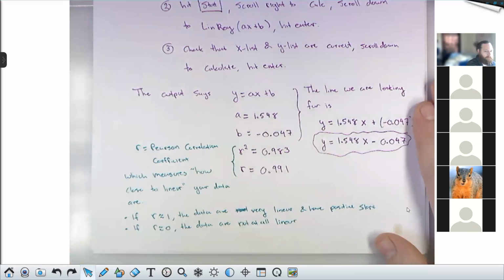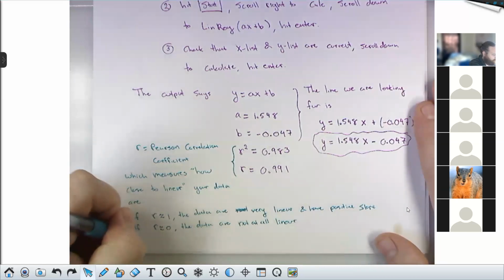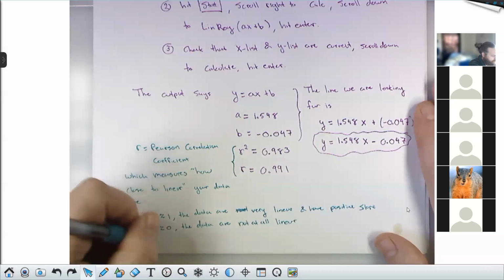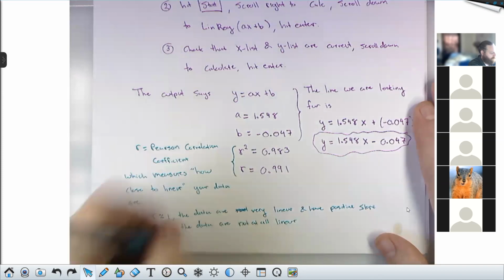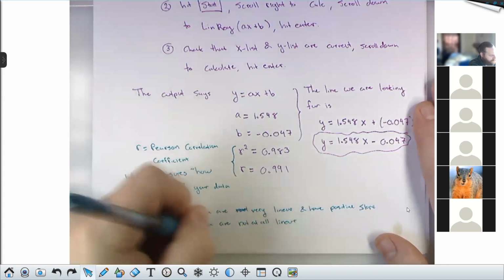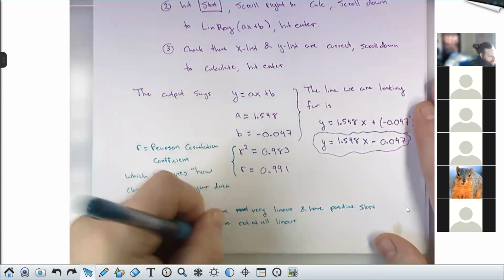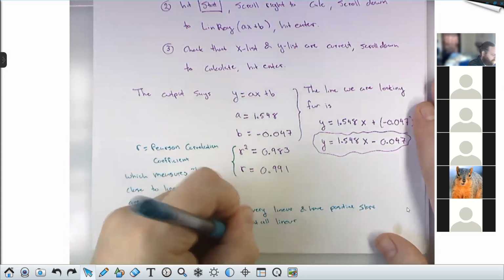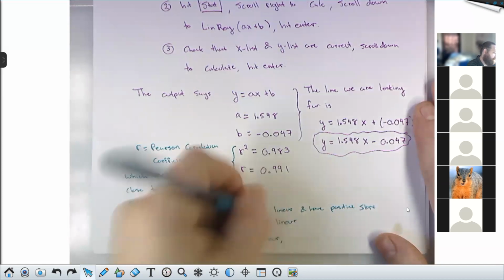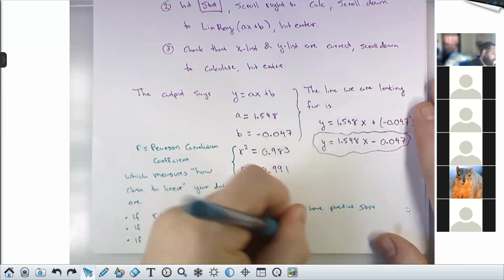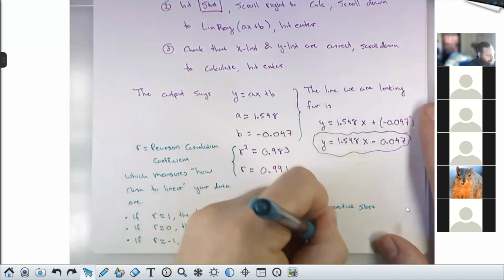That would be R equals 0. And if R is very, very close to -1, the data are very linear and have negative slope.